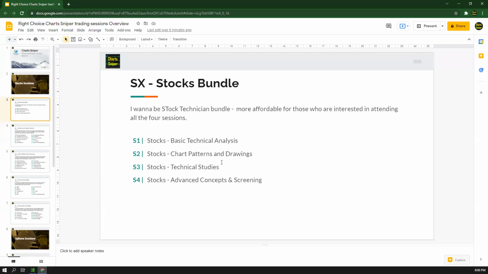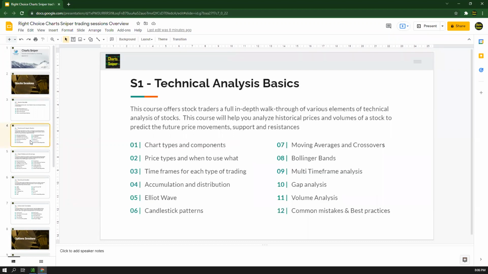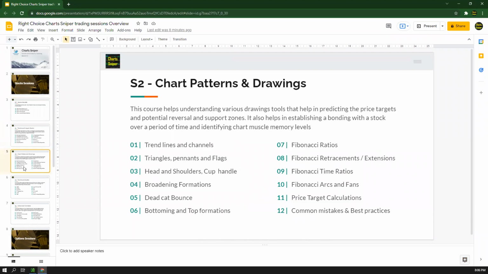Typically, this can be covered over 4 weekends, and each course goes on for close to 4 hours plus a question and answer session. When you talk about this, there are a lot of studies that you could use in technical analysis. These are some basic fundamental things that everyone should know before we start trading stocks. And these will be very, very helpful to prevent that wrong exit and wrong entry, right?